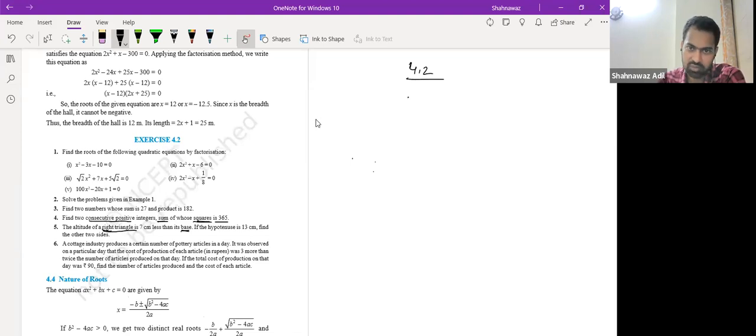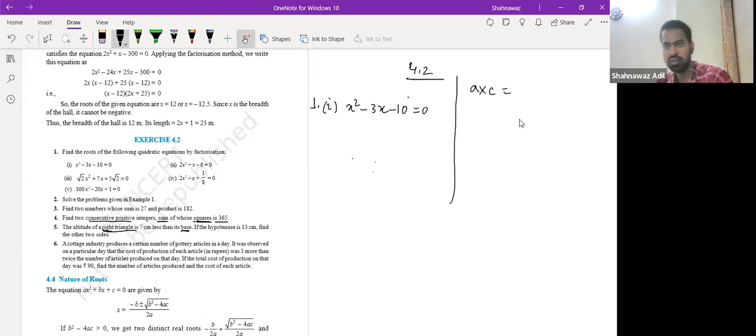Okay, first question. x square minus 3x minus 10 equals 0. So what is a into c? It's minus 10, right? So we have to take the factors of 10, so this is 2 and 5.